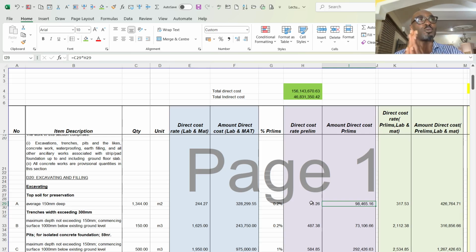Another way, for those people that are not too sure that the client wants to see the contract to a logical conclusion, or sometimes you hear this word front loading. Rather than distributing this 46 million evenly to the whole item in the bill, it will be split into the initial cost, then the recurrent cost, then the terminal cost.